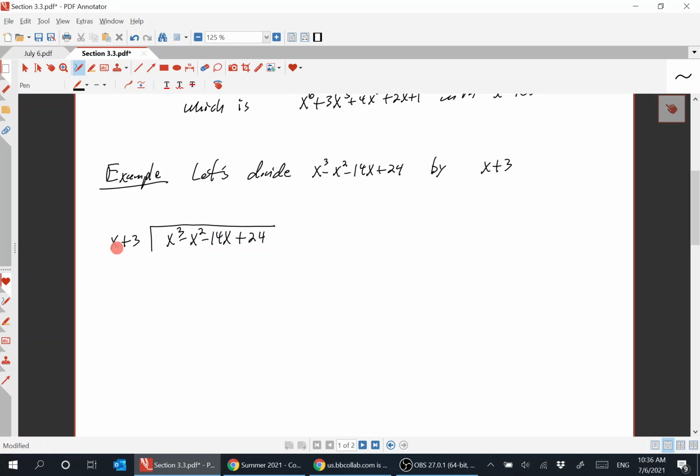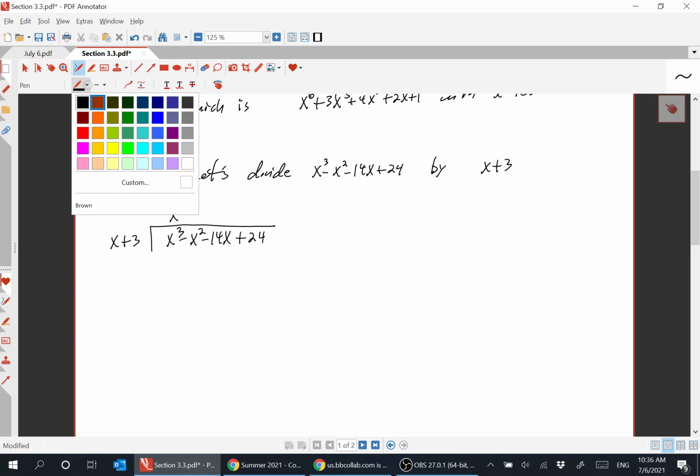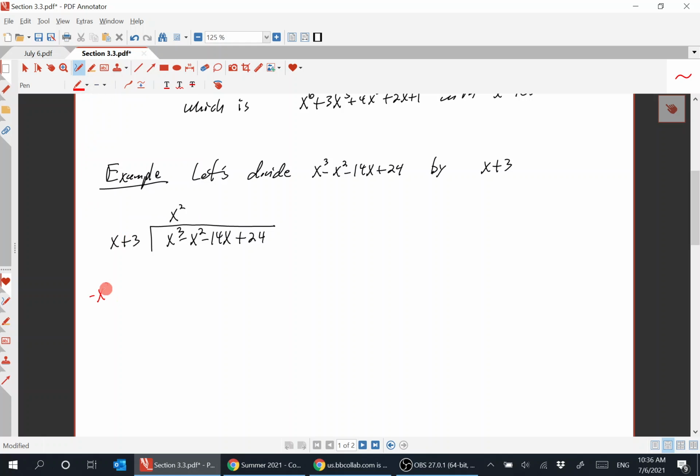So I multiply x by x squared to get x to the third. So I put x squared up here, and then minus x squared times x plus 3 I put here.